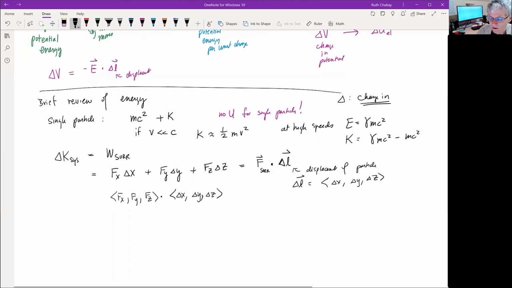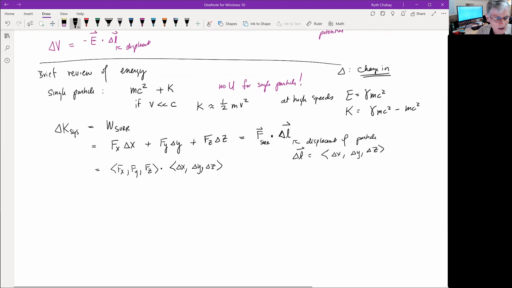And remember that this is a scalar. Energy is a scalar here, although we're using vectors to find this scalar.